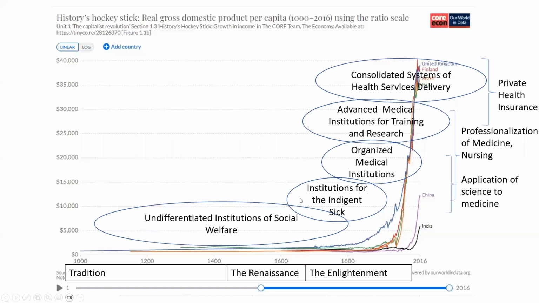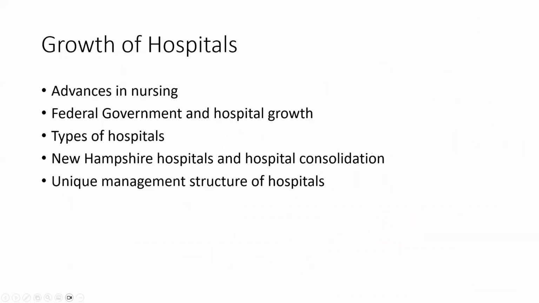And even then, it was still quite primitive. So what we've seen in the last 150 years was this incredible change in what it meant to have a hospital. So let's talk about hospitals.